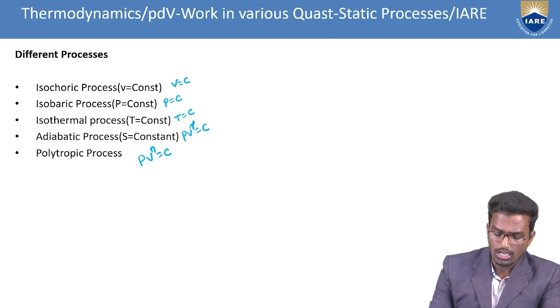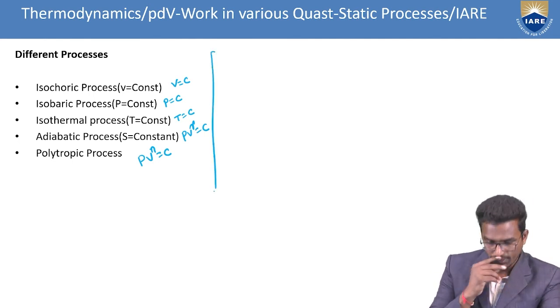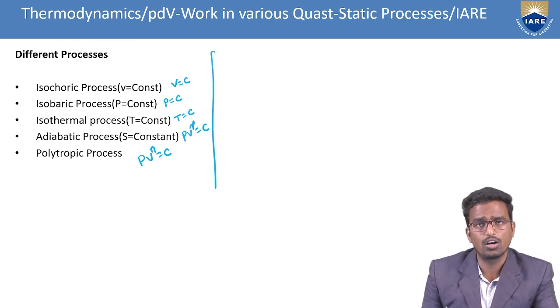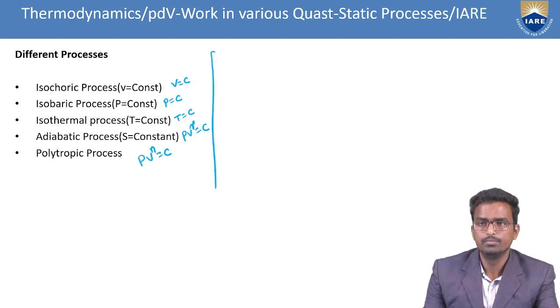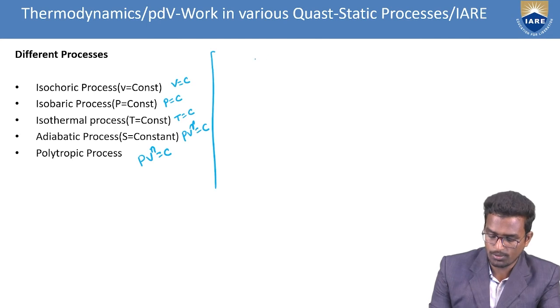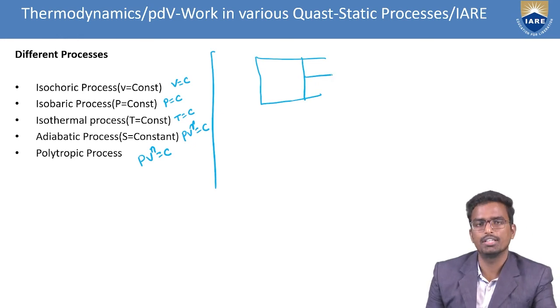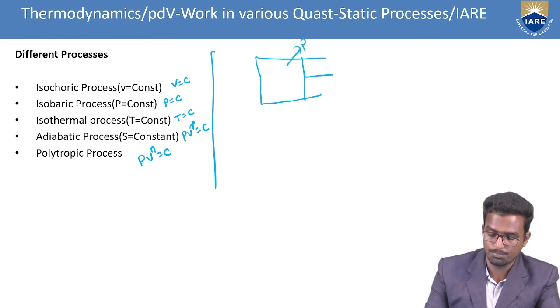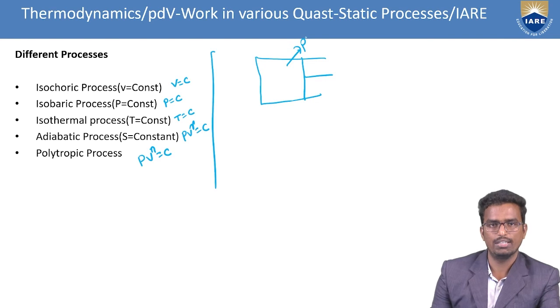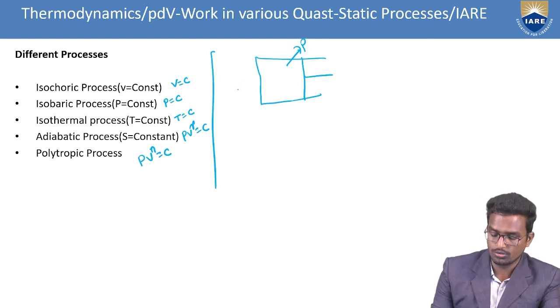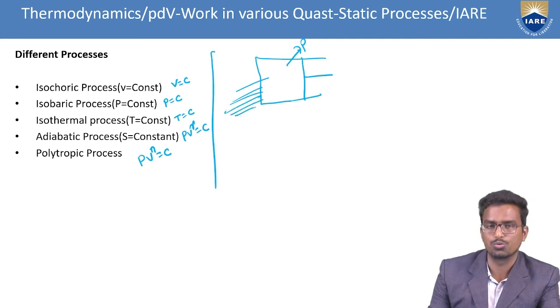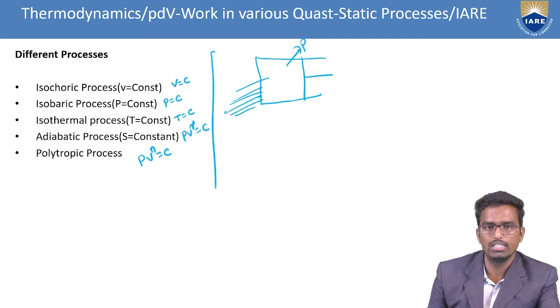I'll tell you a few examples. When can we expect constant volume and constant pressure conditions? Take an example of a piston and cylinder, where the pressure inside is P. I give some heat input to it.